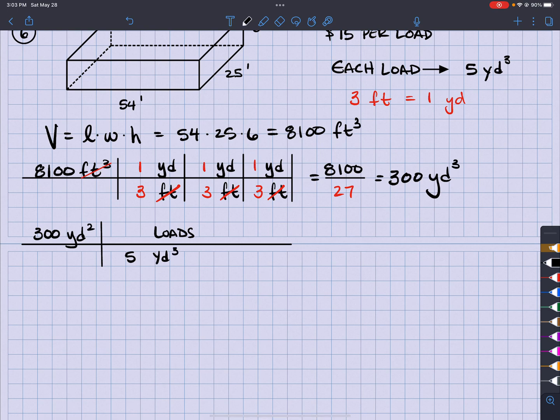And each load is going to be 5 cubic yards, I'm sorry. So each one load is equal to 5 cubic yards.